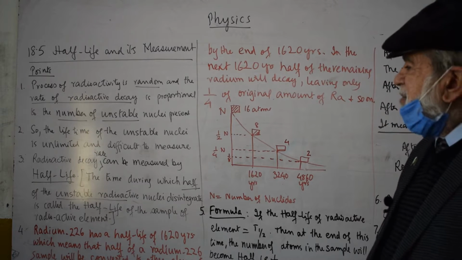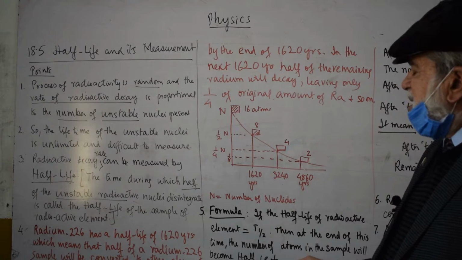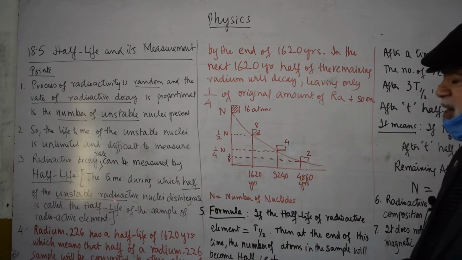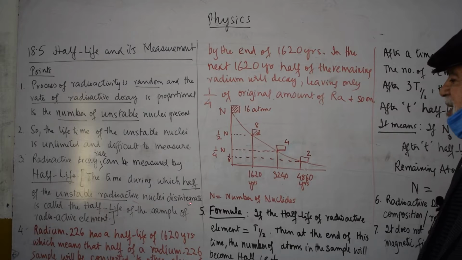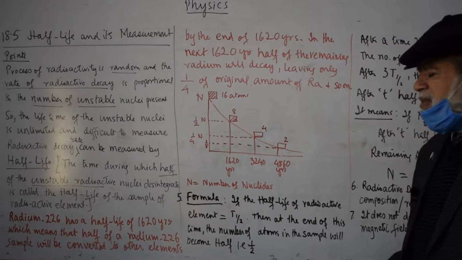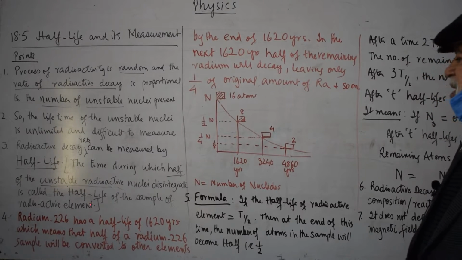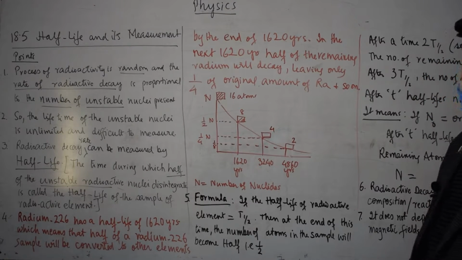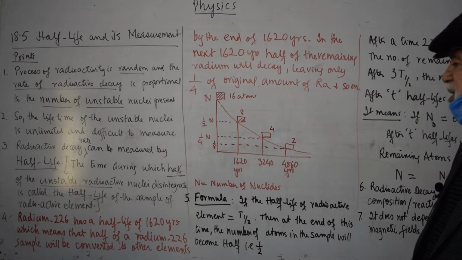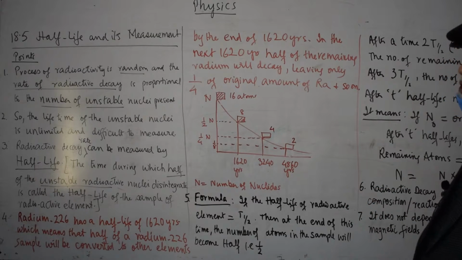I repeat again, the time taken during which half of the unstable radioactive nuclei disintegrate is known as the half-life of the sample. For example, radium-226 has a half-life of 1620 years, which means that half of a radium-226 sample will be converted into other elements by the end of 1620 years.